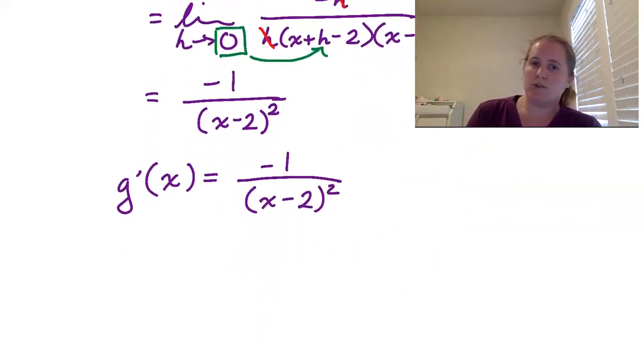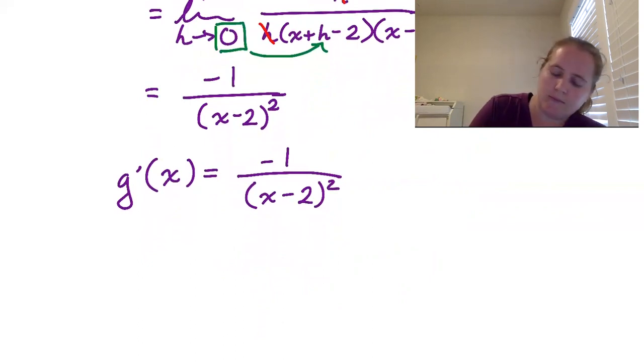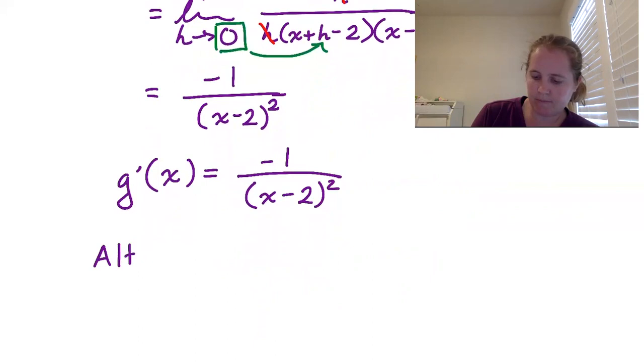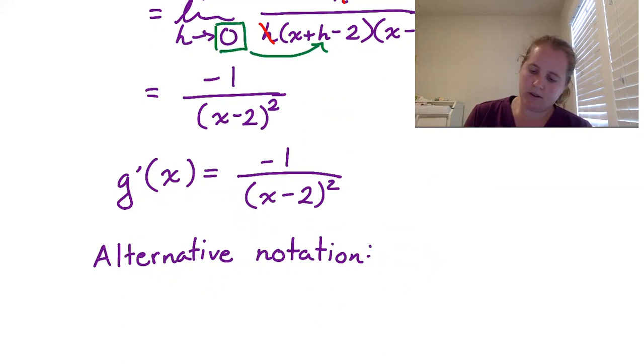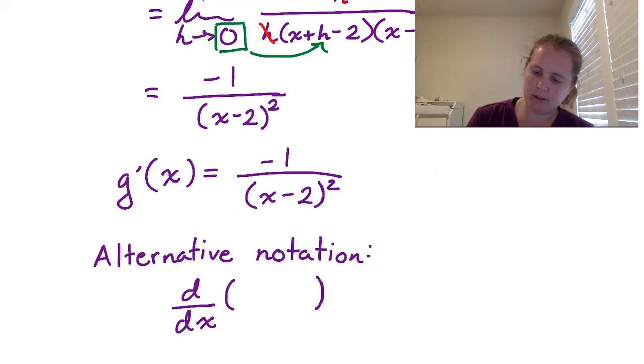I just want to show you some alternate notations here. So an alternative notation you may also see is d dx and then the original function. The original was 1 over x minus 2.